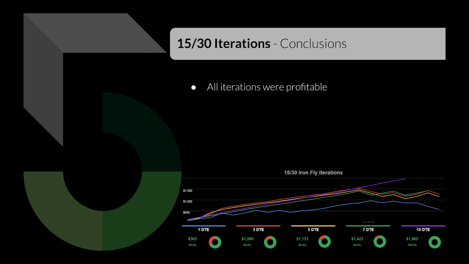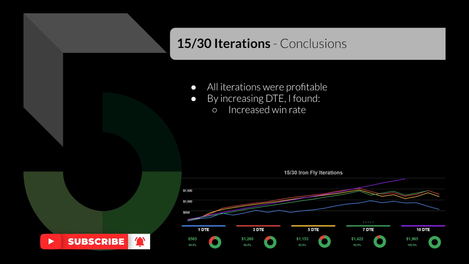Every single iteration was profitable, but by increasing the DTE, going from the blue all the way to the purple on the right, I found a few things. Number one, there's an increased win rate. If you look down at the 1 DTE, you can see those little donut charts, which represent the win to loss ratio.